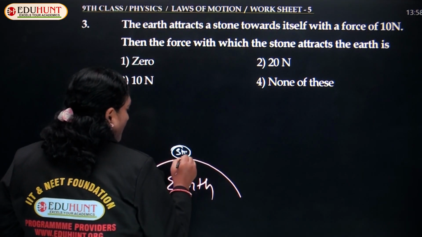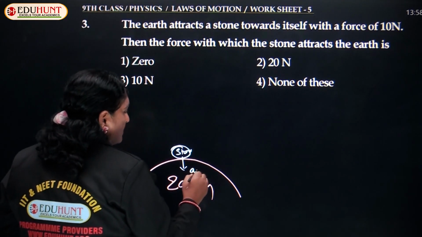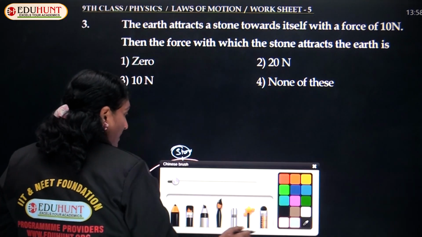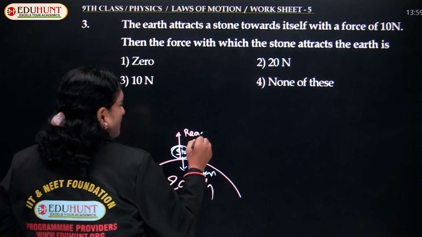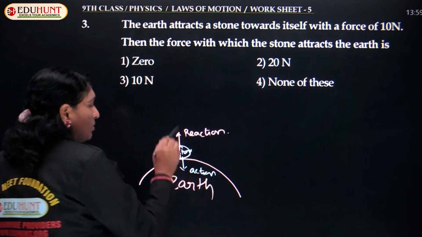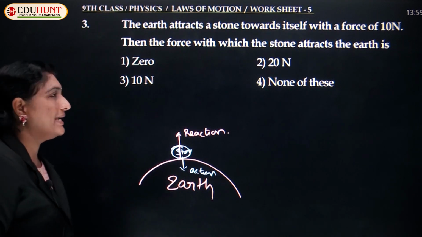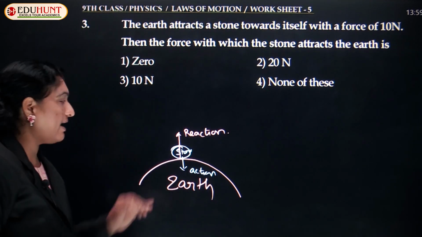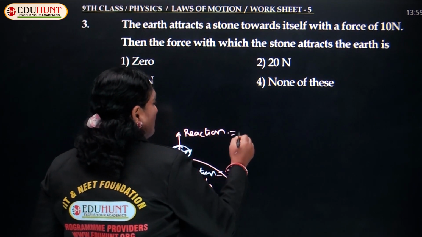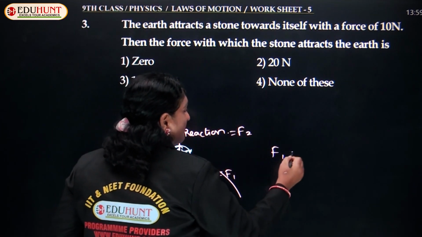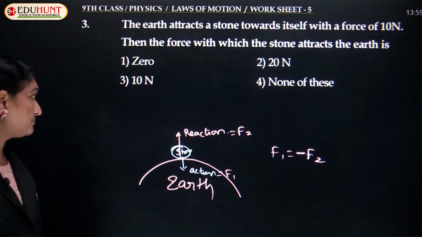If the earth attracts the stone, this is your action, and the earth being attracted by the stone is your reaction. Both act in opposite directions with equal forces, F1 equals F2 in opposite direction.